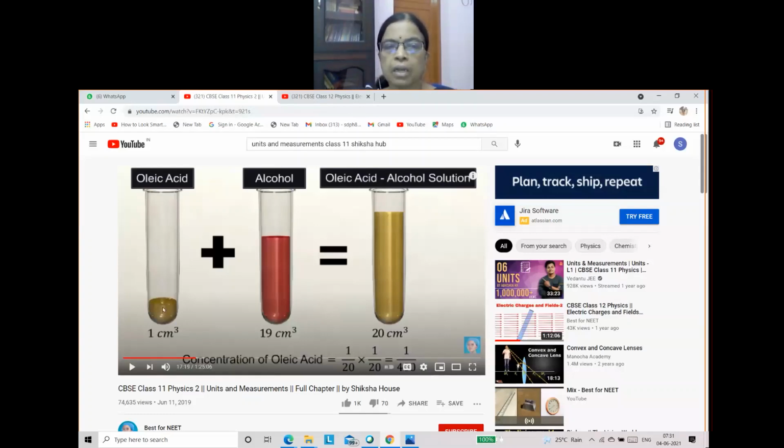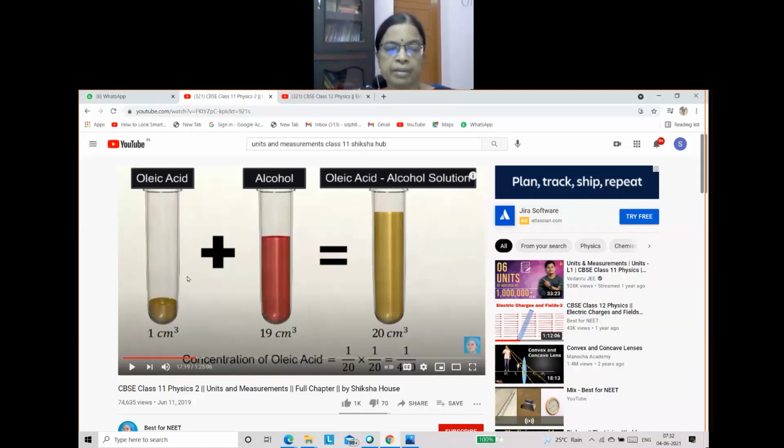So we already made a solution of oleic acid and alcohol, and in that solution the concentration of oleic acid is 1 by 20. 1 centimeter cube of that solution is taken and mixed again with 19 centimeter cube of alcohol and made another solution. That means we are diluting it, again diluted. First diluted with alcohol, then we made a solution, then that solution is again diluted.